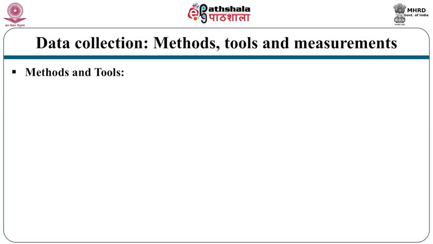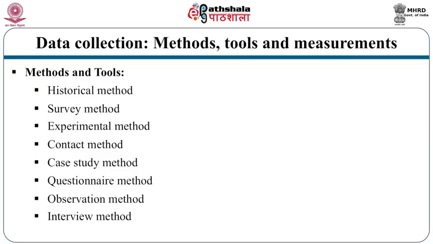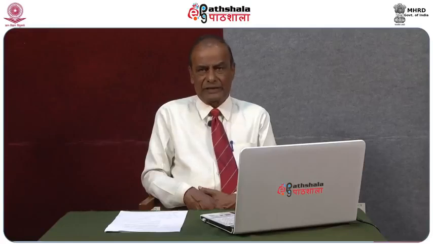Now, let us first see the methods of data collection, or the tools used in data collection. These are the methods: historical method, survey method, experimental method, contact method, case study method, questionnaire method which is a tool, observation method which is again a tool, and the interview method. More than one method or tool can be used in each one of the methods.